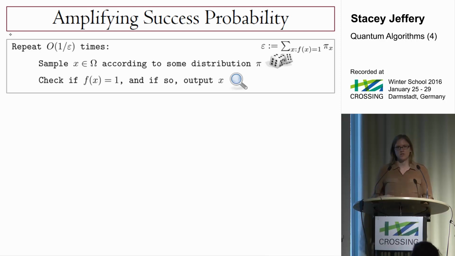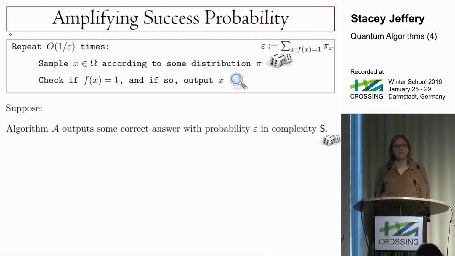So this is just the guess and check algorithm that I had before, but now I'm not restricting this to a uniform sample. We can sample from any distribution that we know how to sample from. So there's an important special case of this kind of guess and check idea, which is the following.